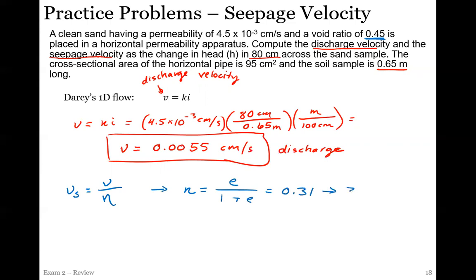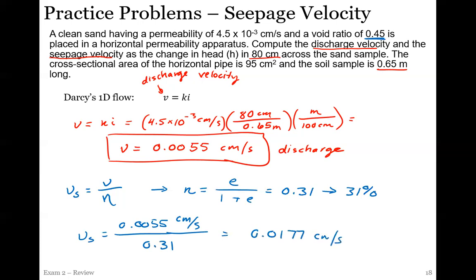We would show the porosity normally in percent form as 31%, but whenever we're doing calculations, we need to bring it back into decimal form. So our Vs is equal to 0.0055 centimeters per second divided by 0.31. So that is 0.0177 centimeters per second.